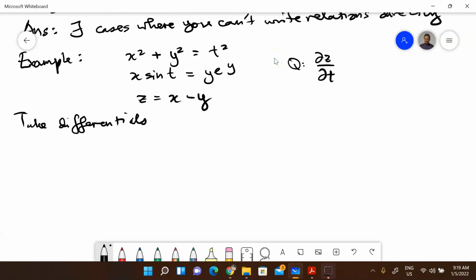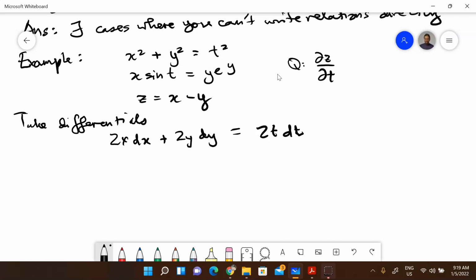For example, the first equation will have 2x dx plus 2y dy, and then it equals 2t. My handwriting is getting horrible.